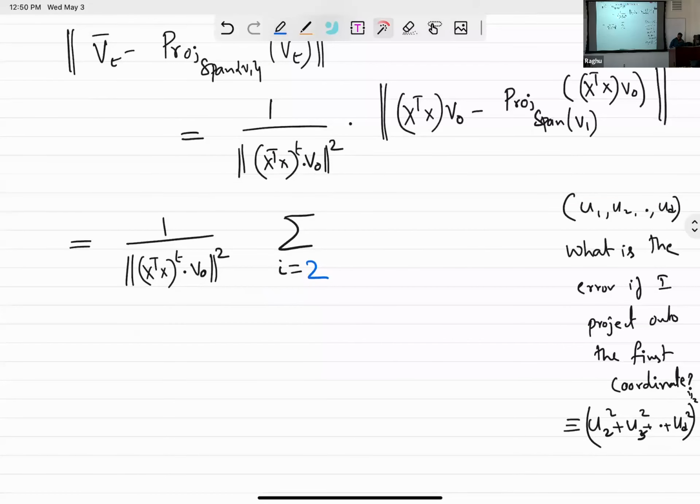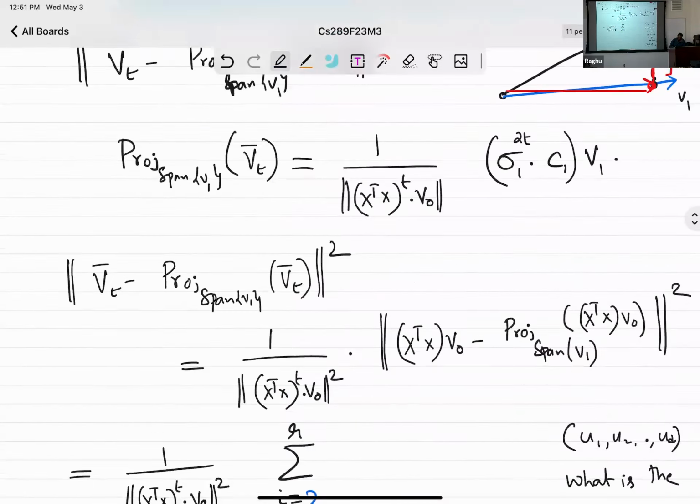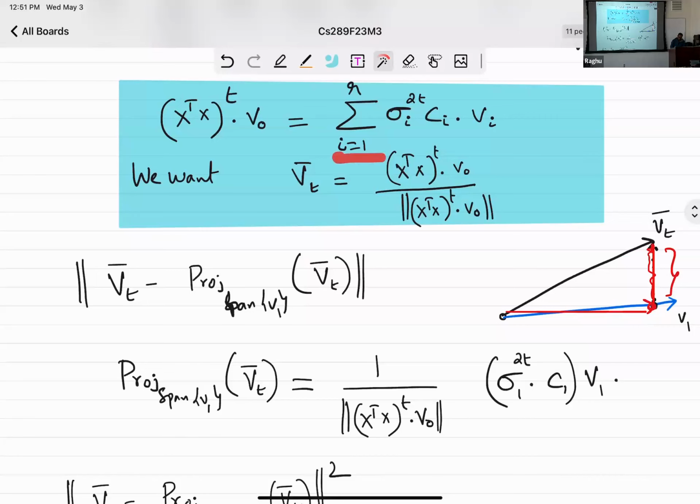Same principle as here. If I project out the first coordinate, what's left is everything from the second coordinate onwards, right? And here we're not doing it coordinate-wise, but orthonormal bases are essentially the same. I'm projecting out the first vector in an orthonormal basis. So what's left is everything from the second coordinate onwards. Okay. And what are the contributions from the second coordinate onwards? It's all of these numbers, right?